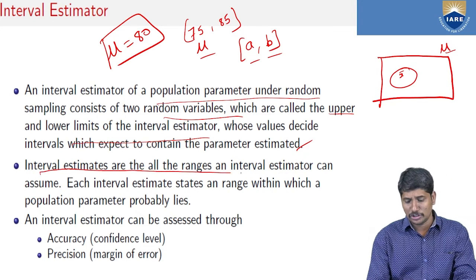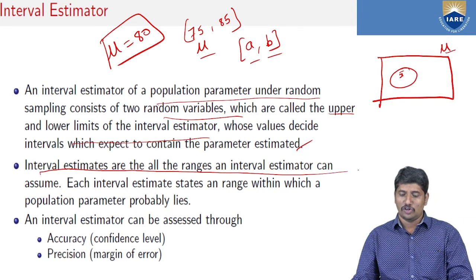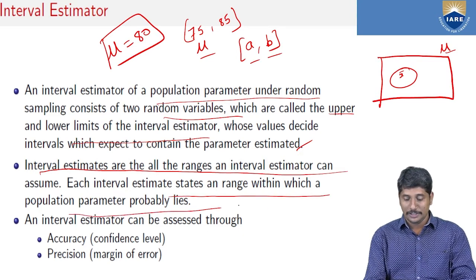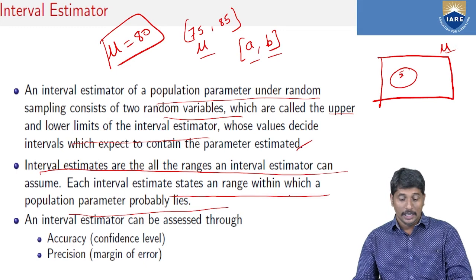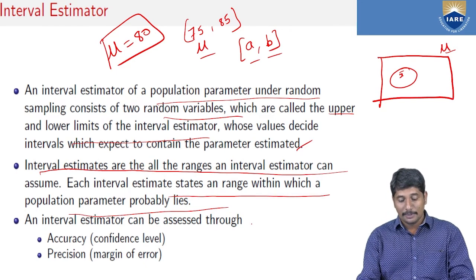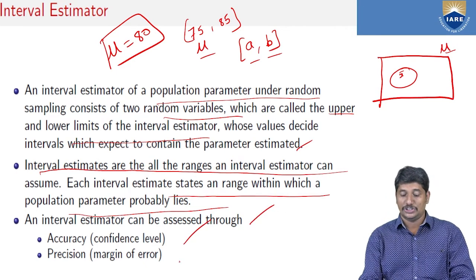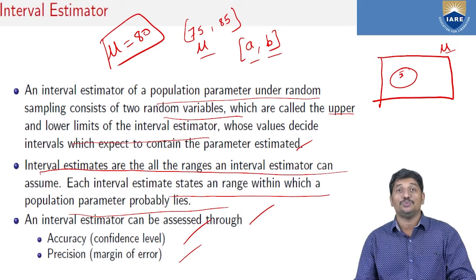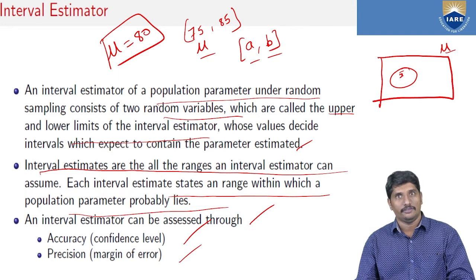Interval estimates are all the ranges an interval estimator can assume. Each interval estimate states the range within which a population parameter probably lies. So, an interval estimator can be assessed for accuracy and precision. There are two important things which play a role in interval estimation.